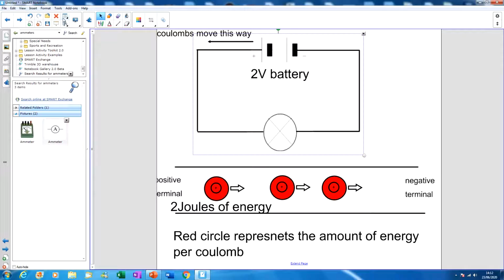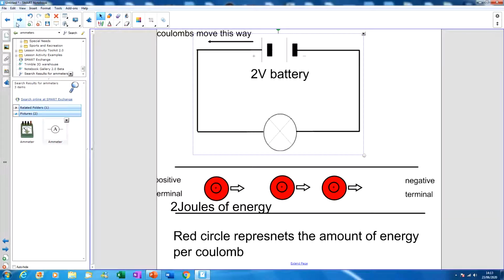So the bigger the voltage, the more movement of coulombs you're going to get. And we need to be strict about quantifying the flow of coulombs.